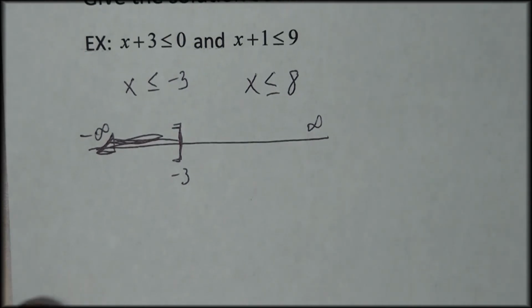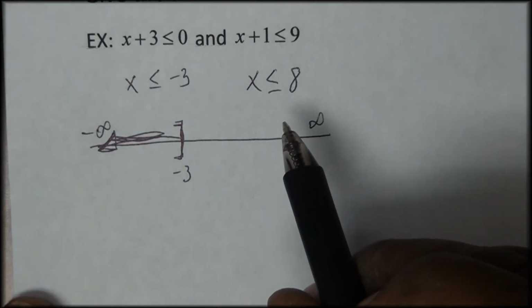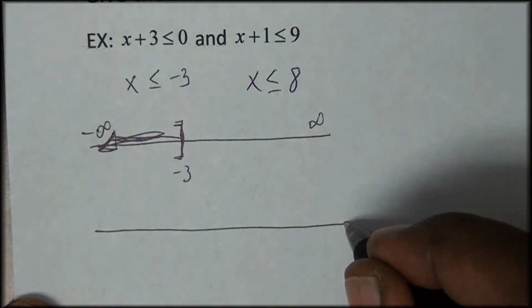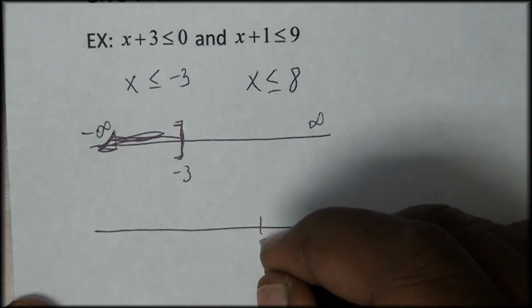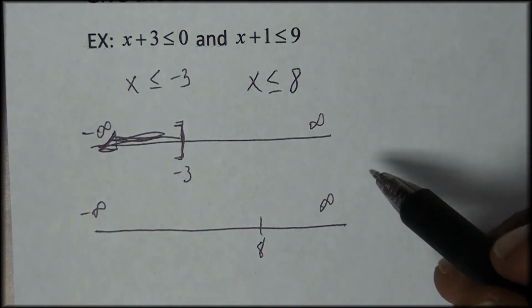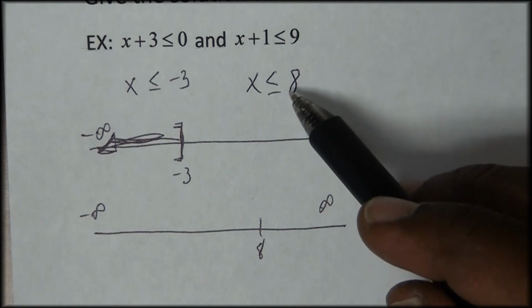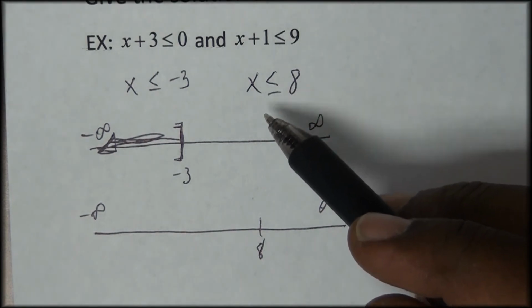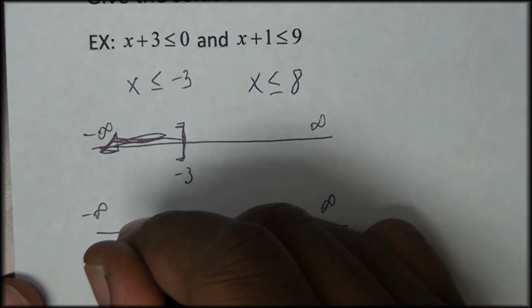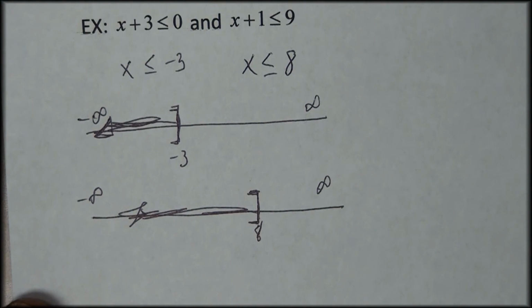For our second inequality, x is less than or equal to 8. We'll draw a graph. We'll center it at about 8. Negative infinity to the left, positive infinity to the right. We want all numbers that are less than or equal to 8. So at 8, we have a bracket that faces the left. Our line also extends toward the left.